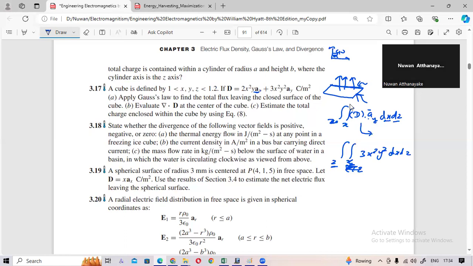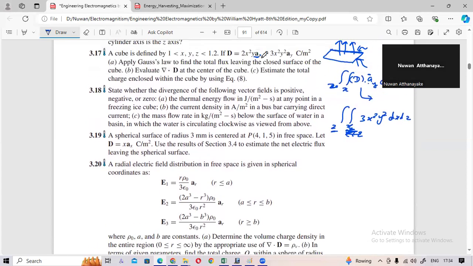So you need to consider the definition of the dot product, that is a dot b is equal to the magnitude of a times the magnitude of b times cos theta, where theta is the angle between the a and b vectors.